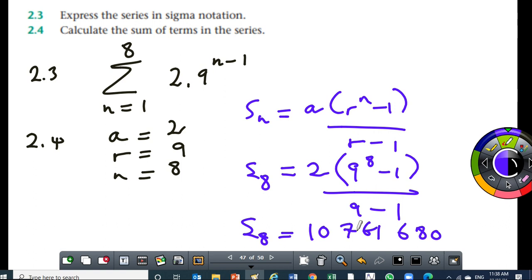So we use that formula just to make things easier in order to avoid mistakes, to calculate the number of terms for the sigma notation. So you can use this. If you think you can proceed to the sigma notation, you can use that. All right. Any question?